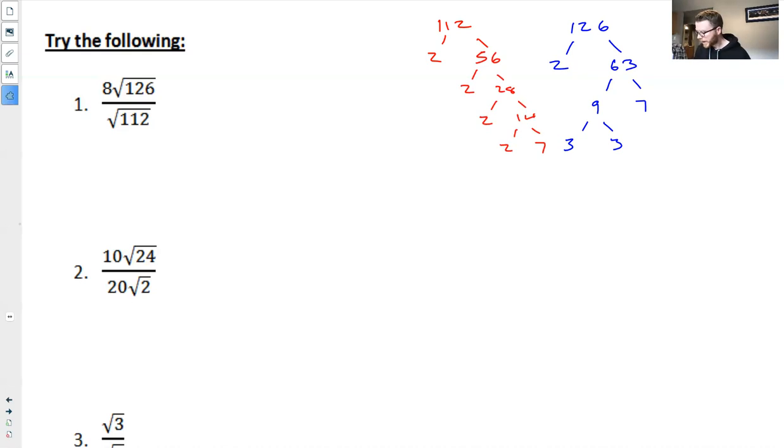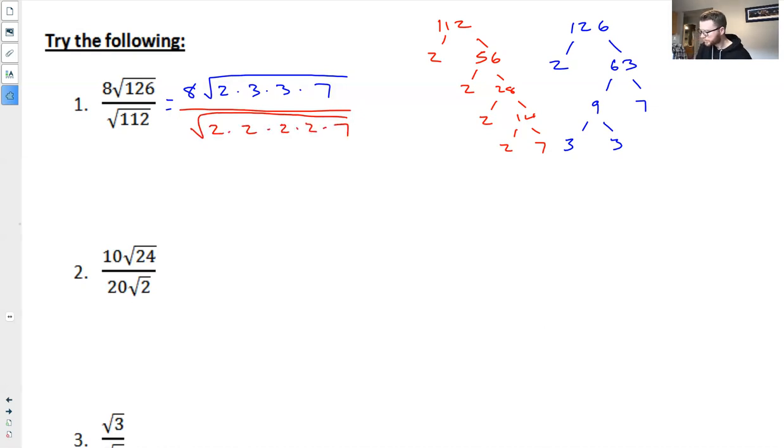Okay, so let's go ahead and put these in. So 8 root 126 becomes 2 times 3 times 3 times 7. And again, we're looking for pairs here. And root 112 will become 2 times 2 times 2 times 2 times 7.